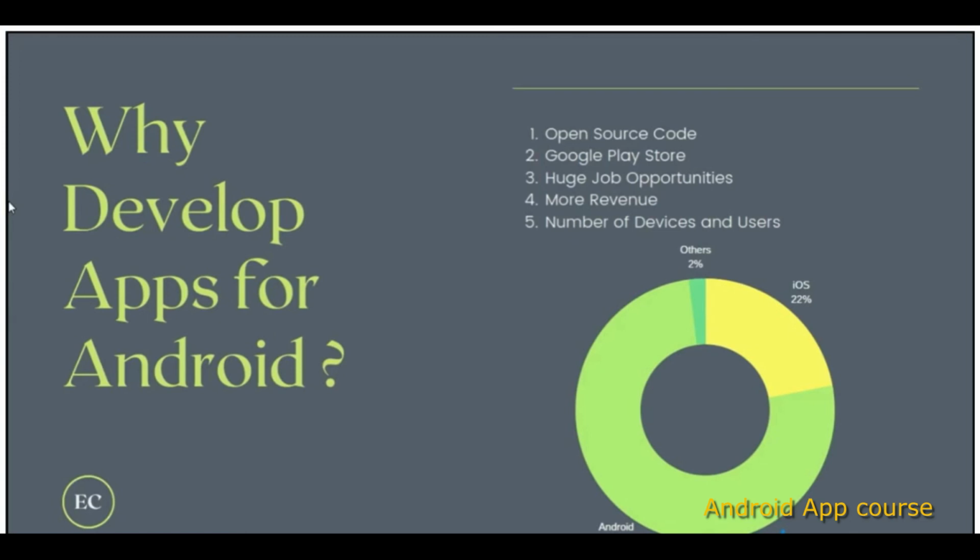As you can see below, the share of Android users is 76%, iOS 22%, and others 2%, which includes the Nokia Symbian operating system, BlackBerry OS, and others. So those OS have only a 2% demand in the market out of 100%. This is in stark contrast to the 76% of market share that is captured by Android. So this will help you to see why developing apps for Android is important.